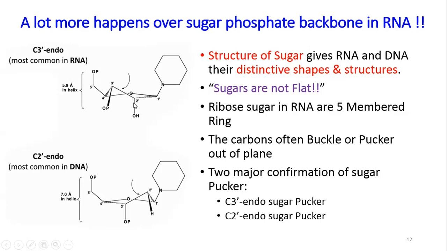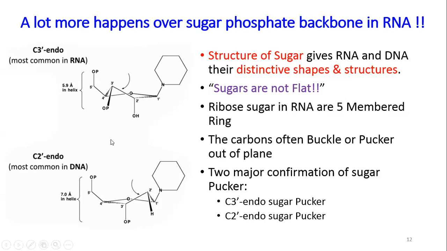Therefore, if the 3 prime carbon atom from the sugar group is displaced out of plane, the phosphate group associated with this 3 prime carbon atom will also get pulled along with it.